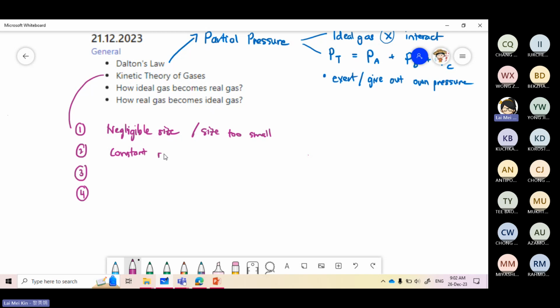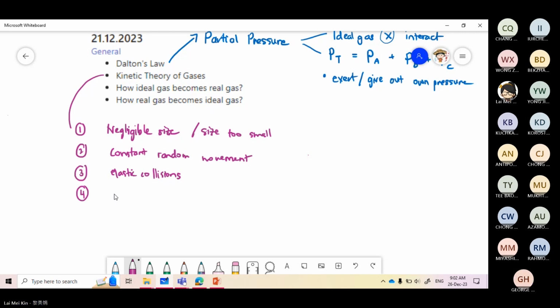They move in constant random movement. What else? Elastic collisions. It means that when they collide with one another or with the wall of the container, they gain back the same energy. And lastly, insignificant or negligible force of attraction, or you can say no force of attraction.